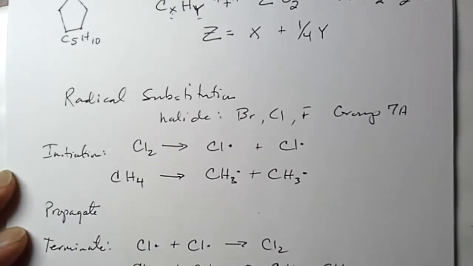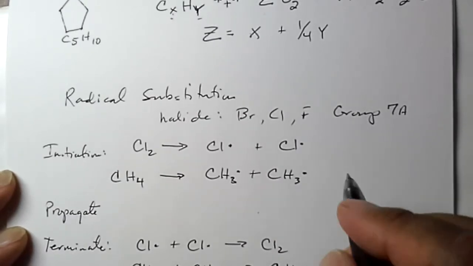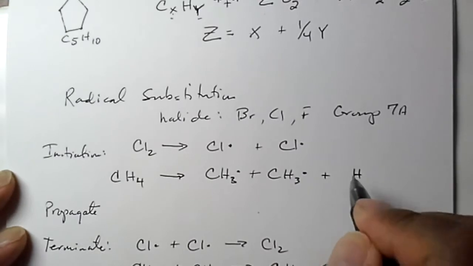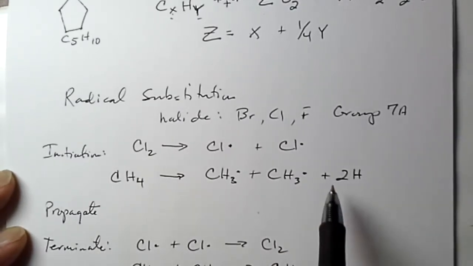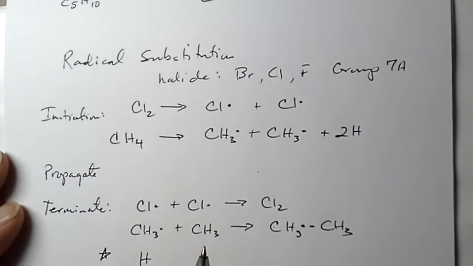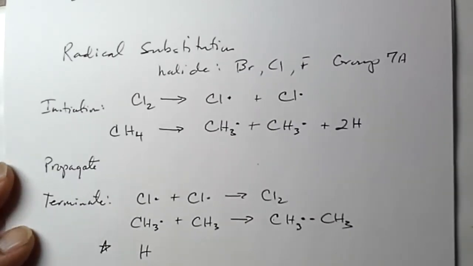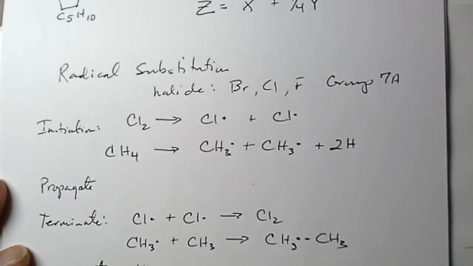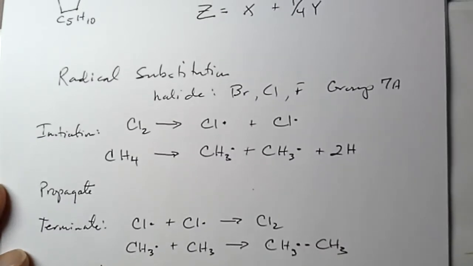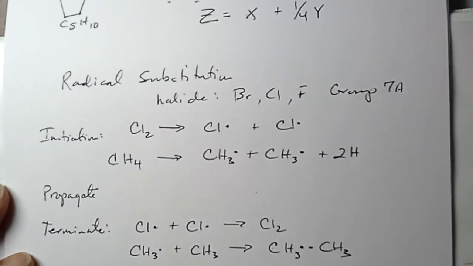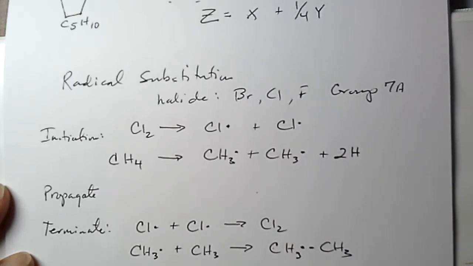But a couple of the major products will be, and this will be plus 2 hydrogens, the hydrogen plus the chloride, and our methane radical plus the chloride.